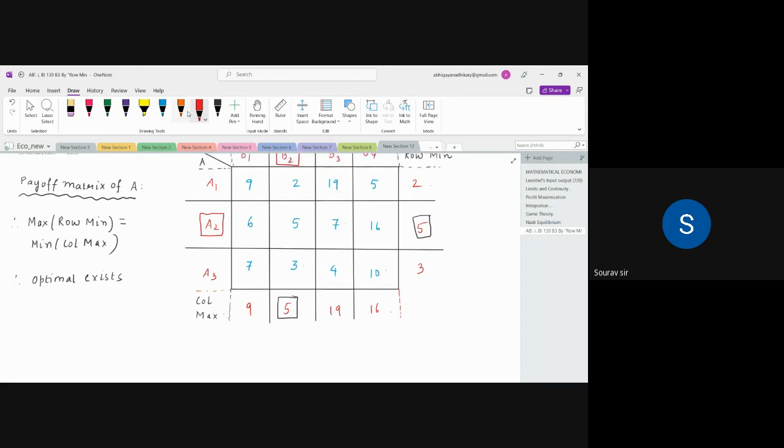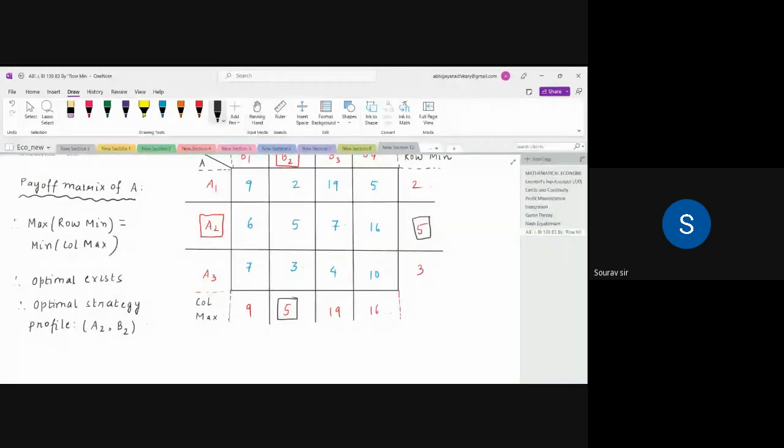So what is the optimal strategy profile? That's the ultimate answer. It is A2, comma B2. Okay.